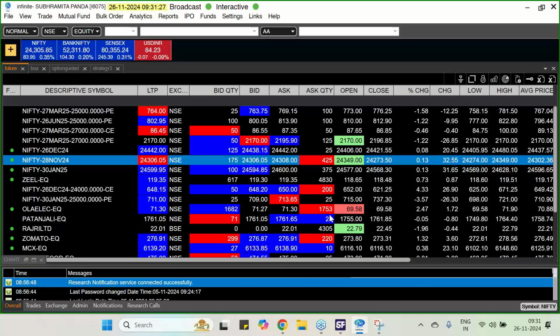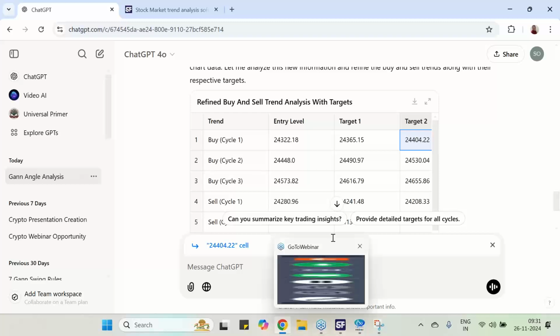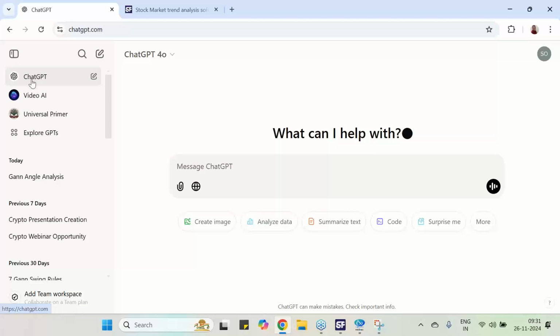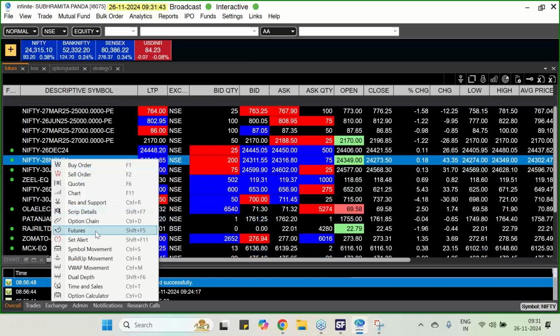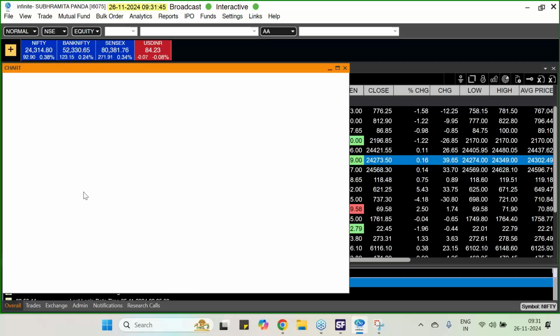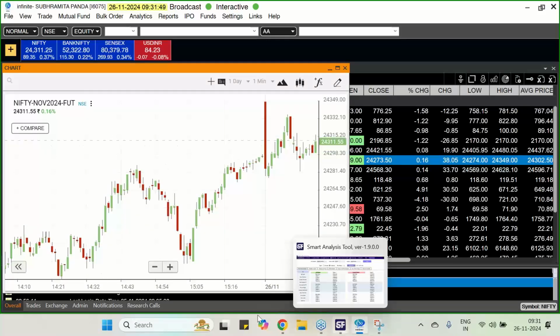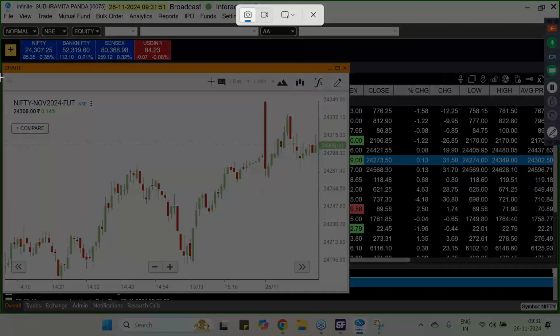So what happens here is, whenever you are using ChatGPT for any system, first you have to train the system. First you have to give training to the system. So I will do it again here. I will go to the chart again and take a snapshot.